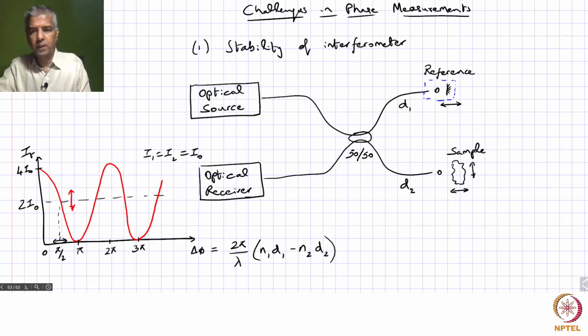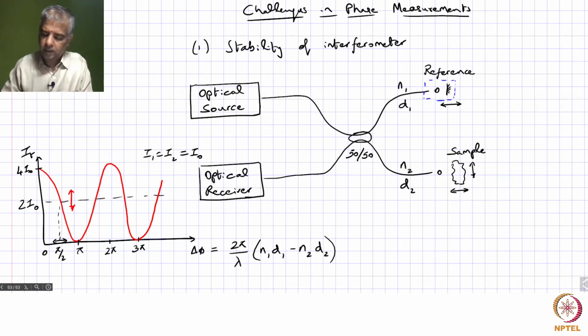Those are the round trip path lengths in the respective arms. We are looking at changes in D2 with respect to D1, but you have to be in an all fiber configuration. You have to be very wary about this quantity also, this refractive index of the optical fiber.